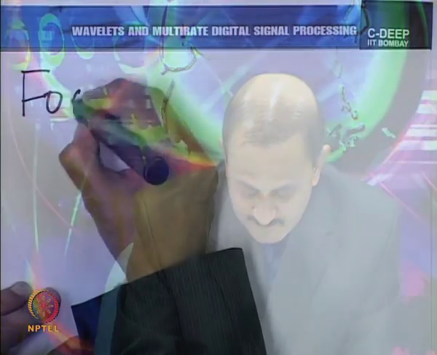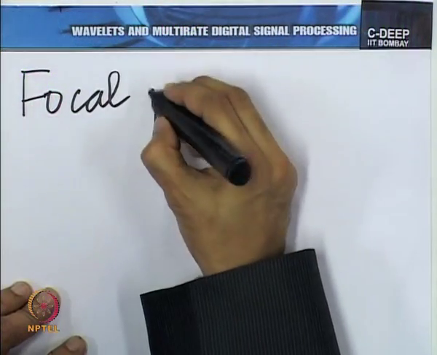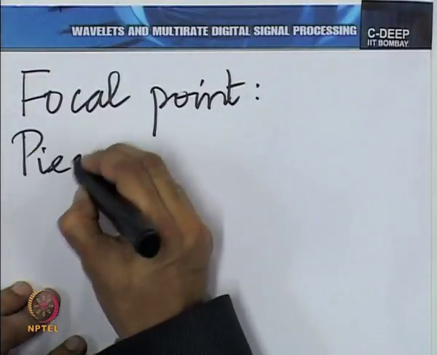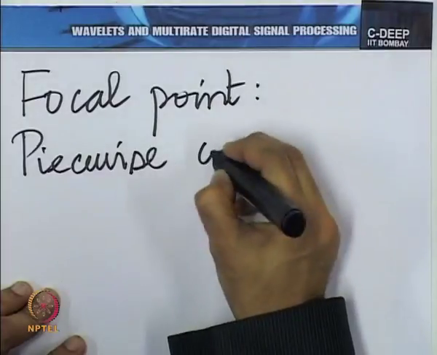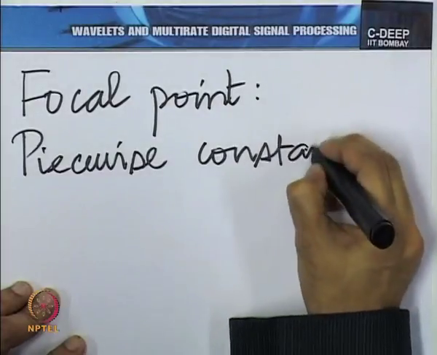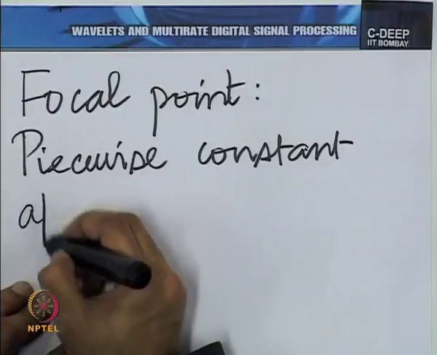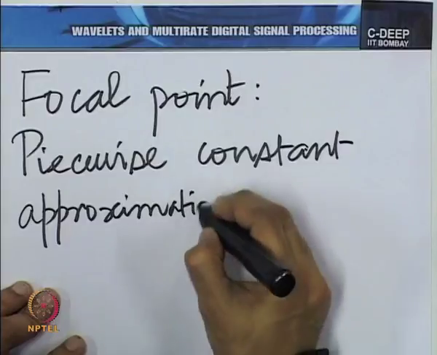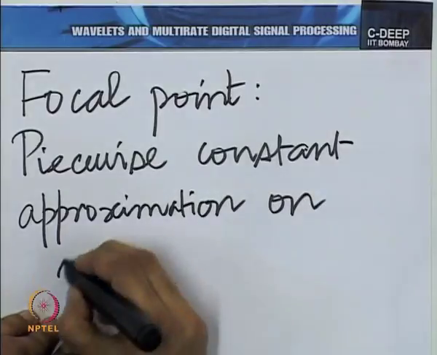So, let us write that down formally. Piecewise constant. So, the so-called fulcrum or focal point is piecewise constant approximation on unit intervals.